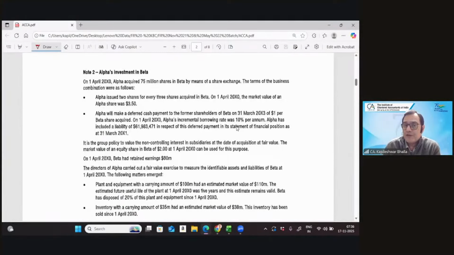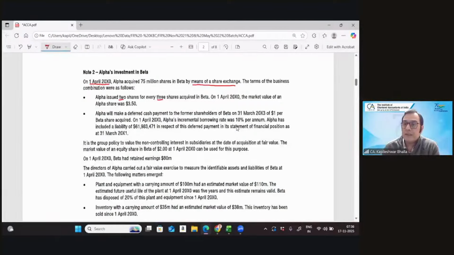It says on 1st April X0, Alpha acquired 75 million shares in Beta, and this is by means of a share exchange, which means Alpha acquired shares in Beta and is giving shares against its own shares. The terms of the business combination are given. It says Alpha issued 2 shares for every 3 shares acquired in Beta.